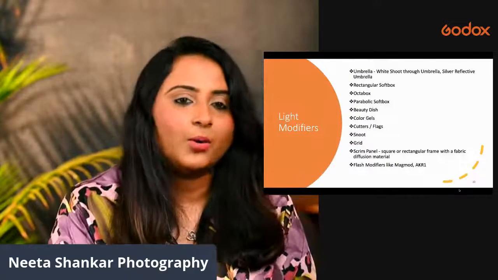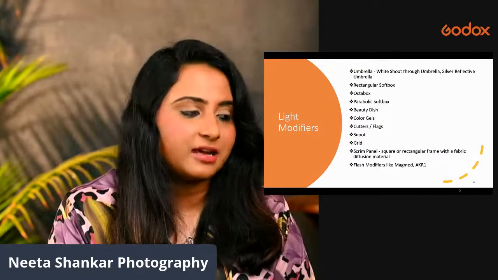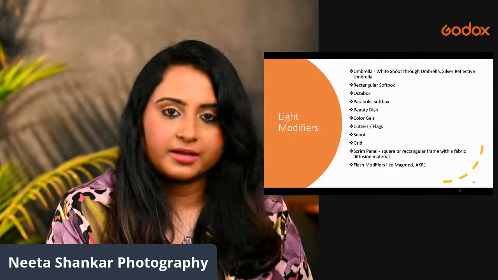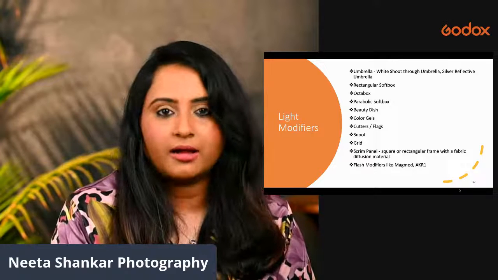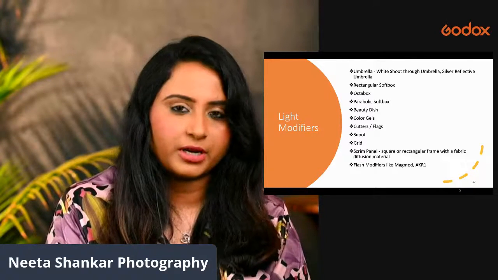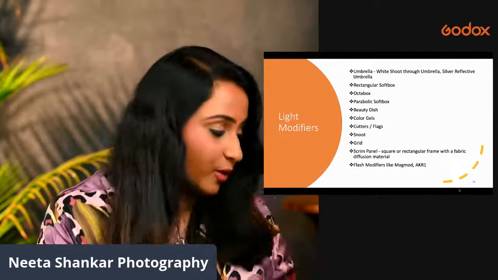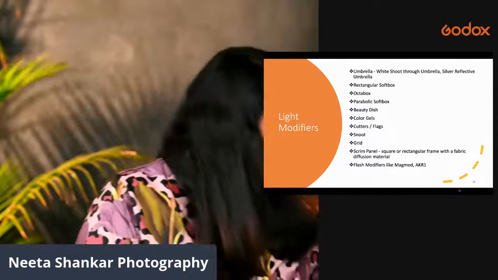Okay, so apart from that, these are some of the light modifiers that I use. One of the cheapest modifiers one can use is probably an umbrella, like a white shoot-through umbrella.